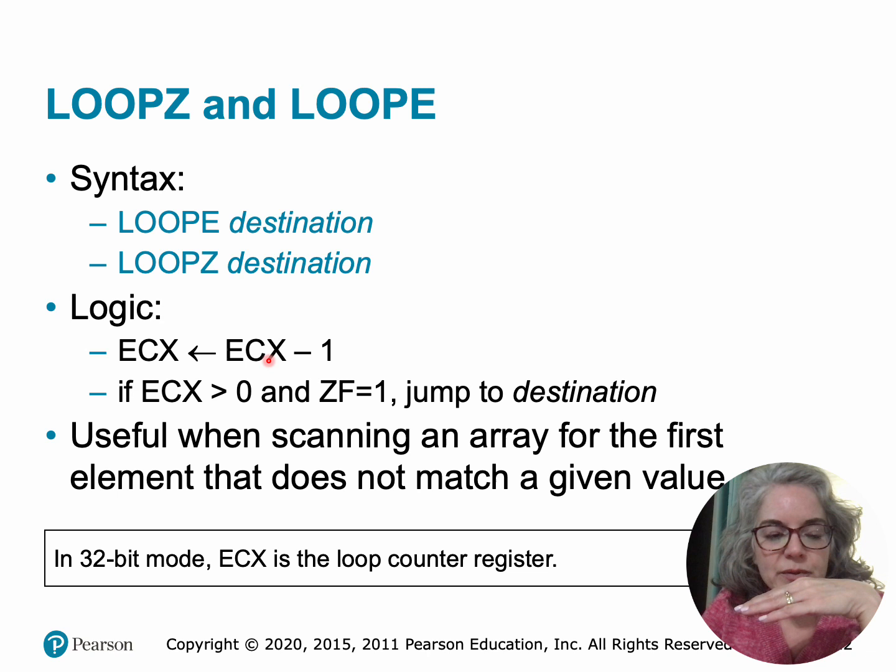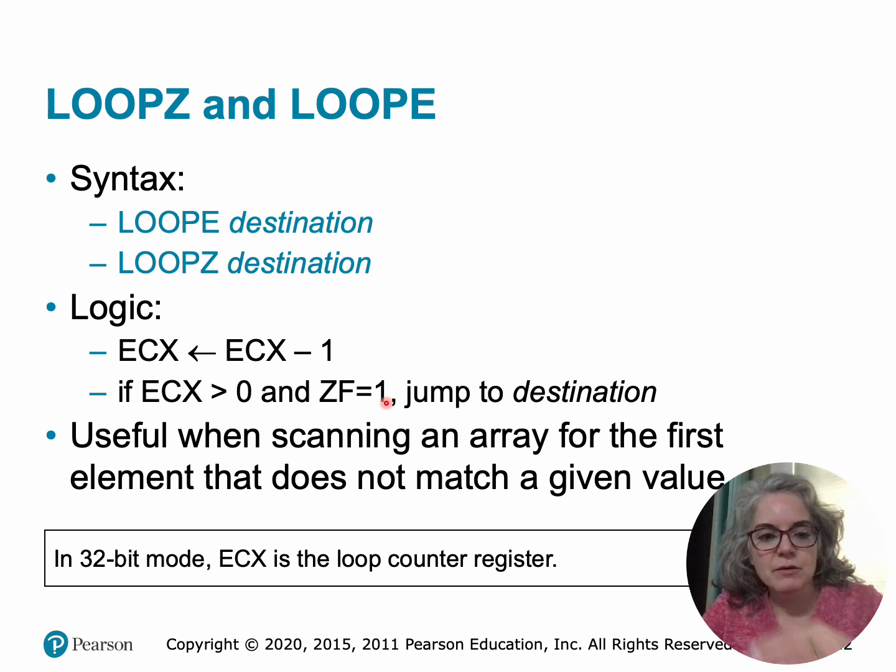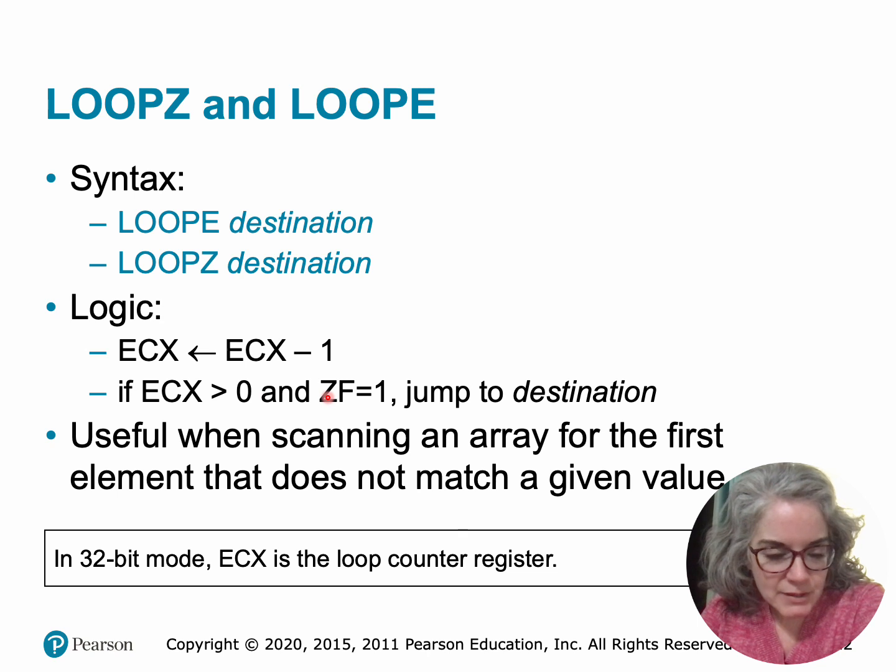When we call LOOPZ, that subtracts 1 from ECX. If ECX is greater than 0 and the zero flag is set to 1, then we jump back up to the loop and iterate again. So we keep iterating if ECX is greater than 0 and ZF equals 1.